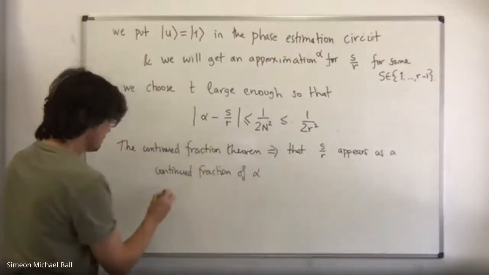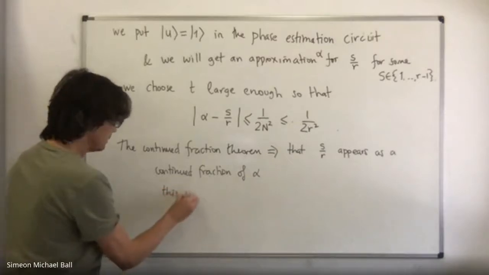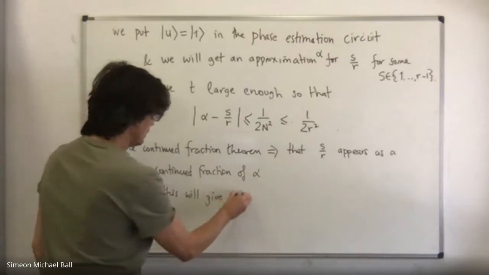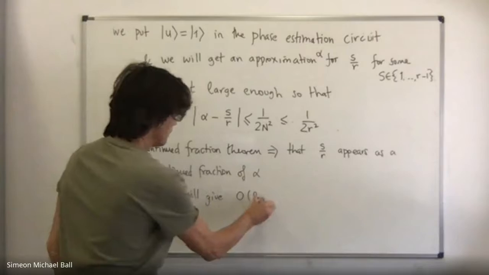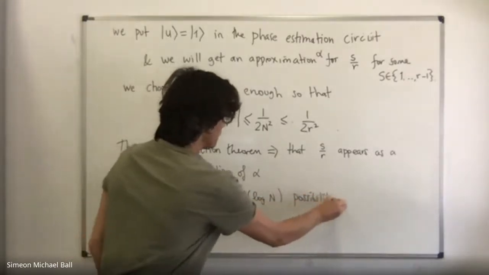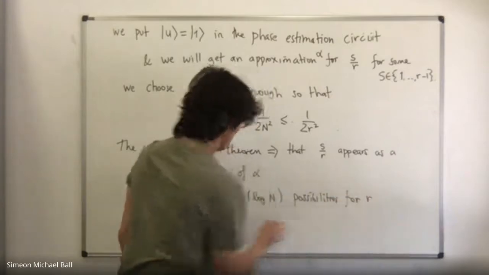Using this n, this will give order log n possibilities for r, which we can check.